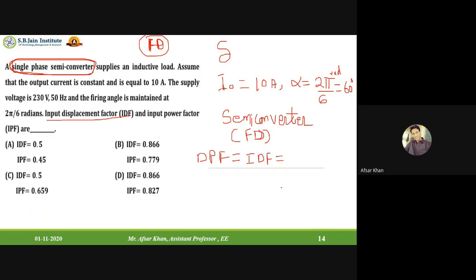Tell me the formula for IDF with freewheeling diode. It is cos alpha by 2. If there is no freewheeling diode, then it will be cos alpha. If there is a freewheeling diode, it is cos alpha by 2. What is the value of IDF then?